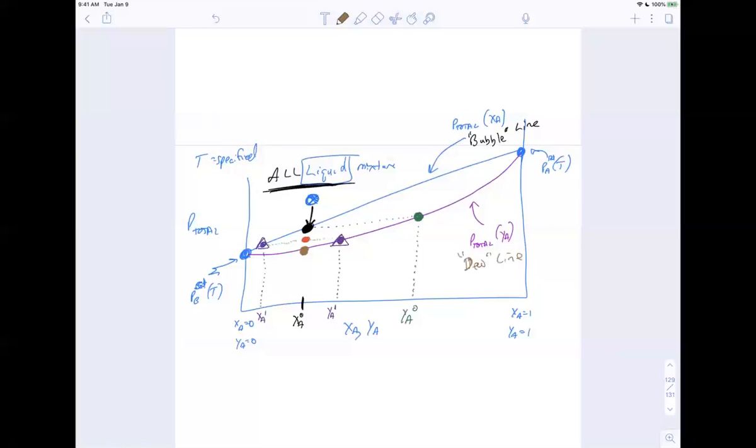Okay, and so at this point, you know that the composition of the vapor is going to be given by what's on the purple line, that curve. It turns out that it's really just x sub a naught, remember? That makes sense because if you started with all liquid, which was a composition x sub a naught, and now you transition it to all vapor, the vapor is going to have the same composition, right?